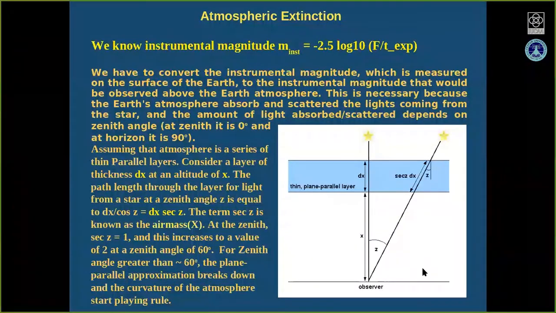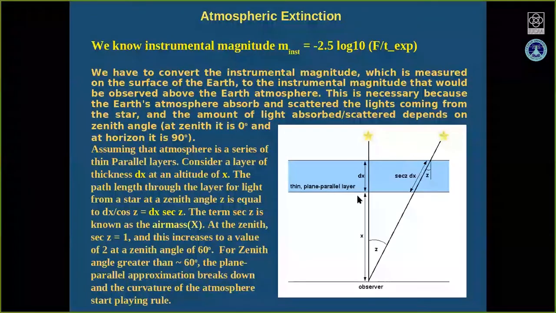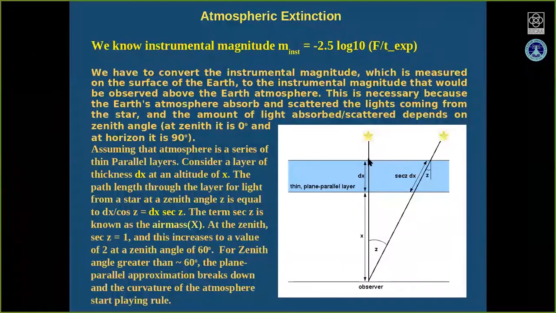Now if I try to find the path length in this layer, the path length will simply be dx times sec z. dx is this thickness, and z is your zenith angle, right?